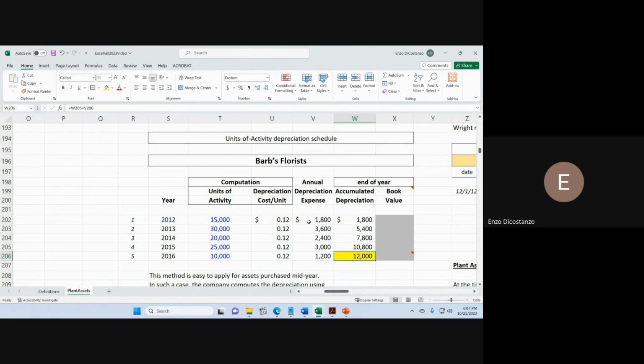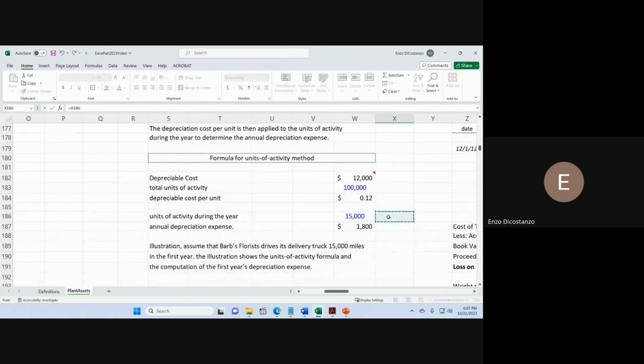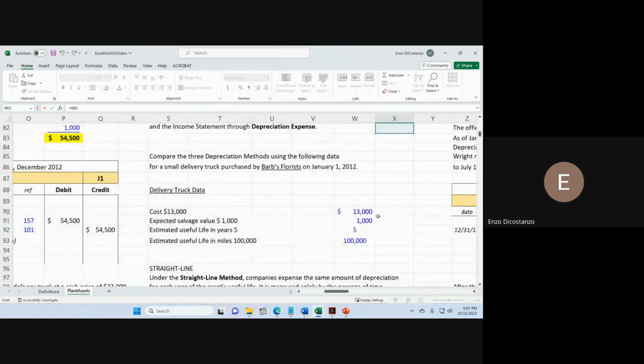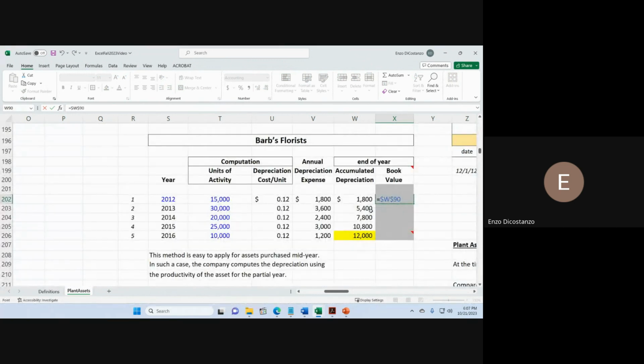Okay. Now, you want your book value to be 1,000 next, right? So again, what you'll do is you'll say equals. You'll look for that 13,000 wherever you find it. You'll lock onto those. Subtract the accumulated.